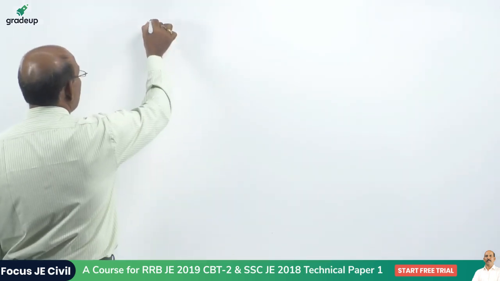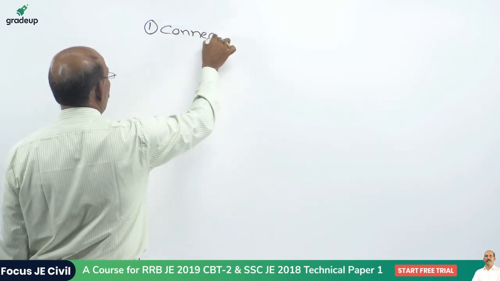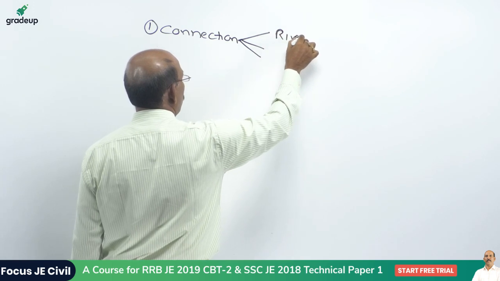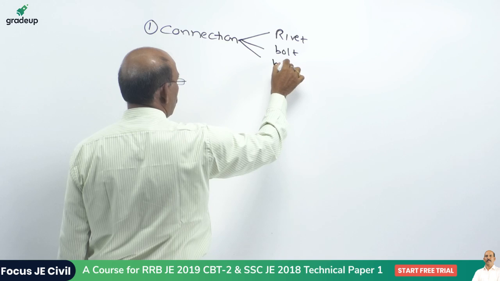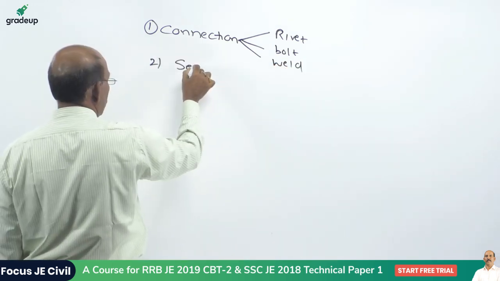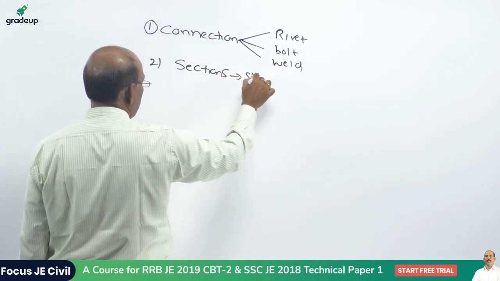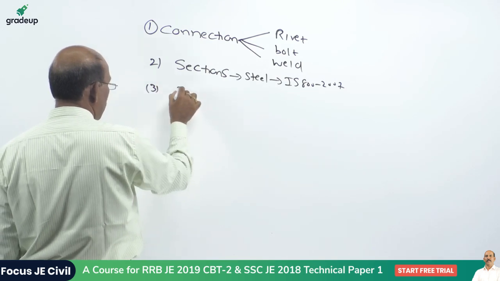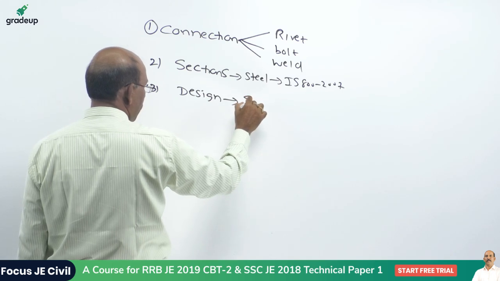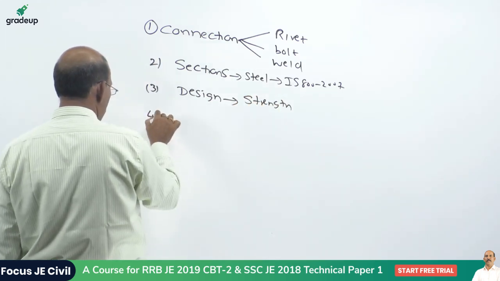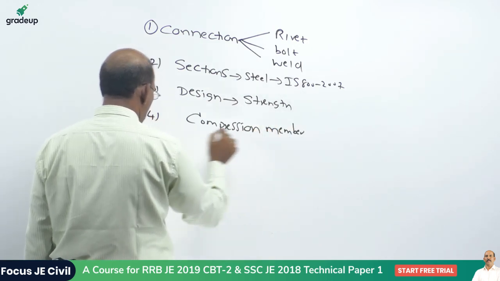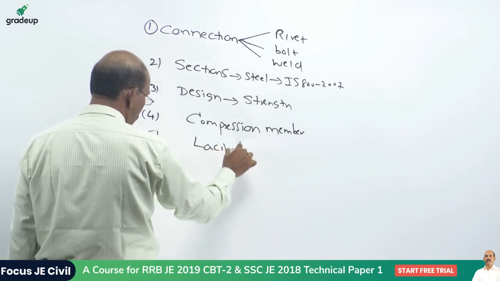Any questions related to the topics with reference to the connections, and the connections can be anything with reference to rivets, bolts, welds, and sections, steel sections as per IS 800 2007, and the third one, the design, that is mainly the strength calculations, and compression members, and lacings and battens.